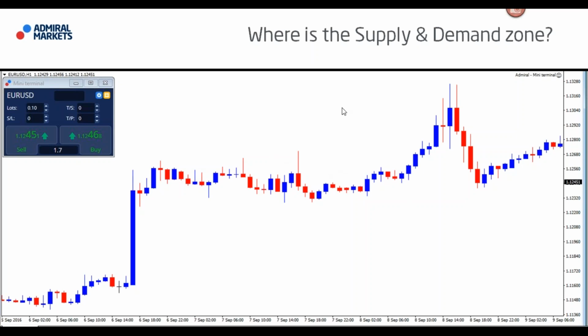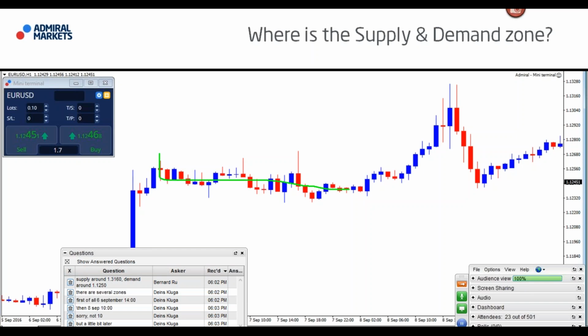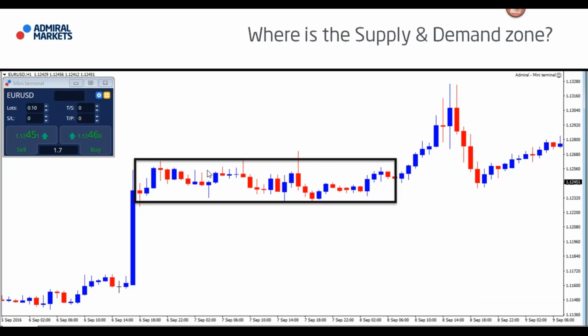So that's what I call a supply-demand zone, when a relatively tight support and resistance are near each other and price is going sideways. In this case, that would be this particular field right in here. So I marked that in the next one, and you can see that box basically indicating what I would consider that supply-demand zone. All right.